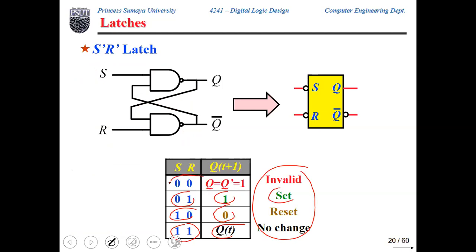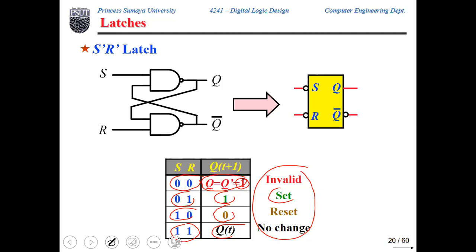And 0, 0 is the not allowed input, the invalid operation, because both the stored value and its complement will be the same. In this case, both will be 1. In the SR latch, they were both zeros.